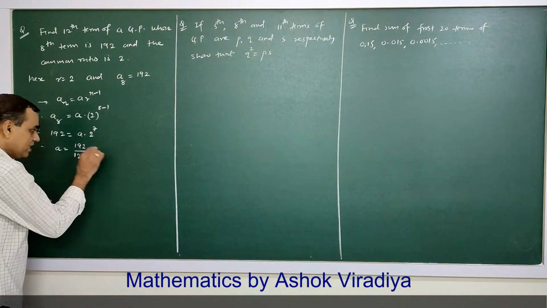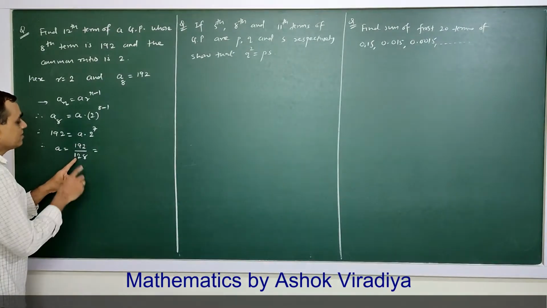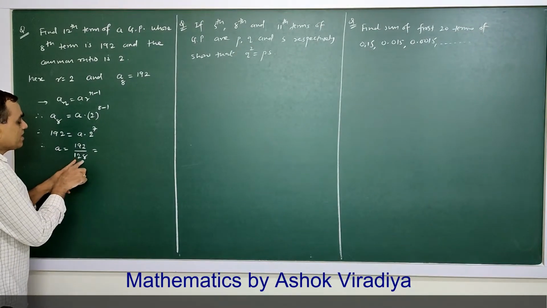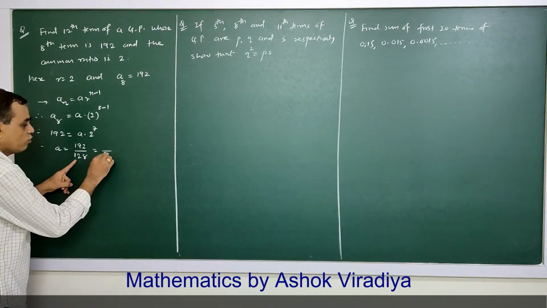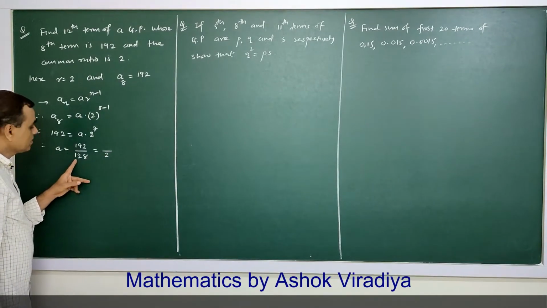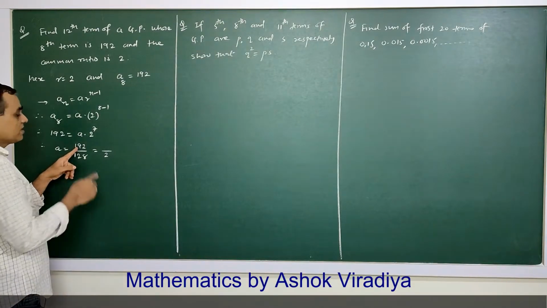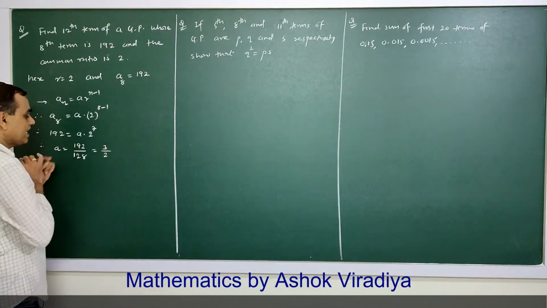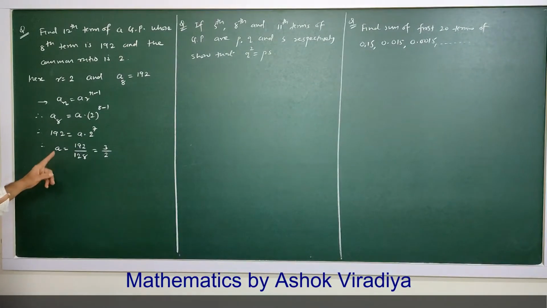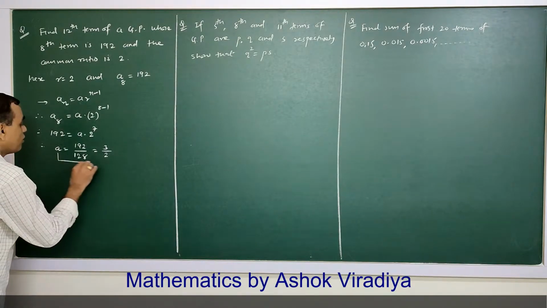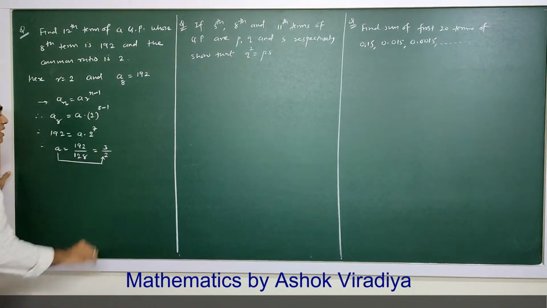Now this is divisible by 64. 64 into 2 is 128, and 64 into 3 is 192. So the first term A of this sequence is 3 by 2.